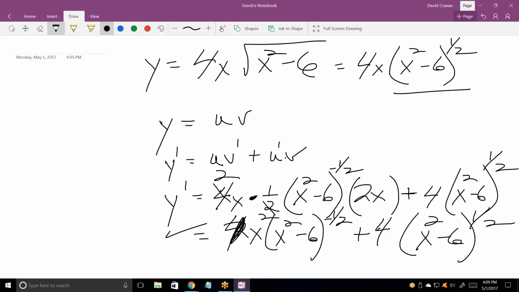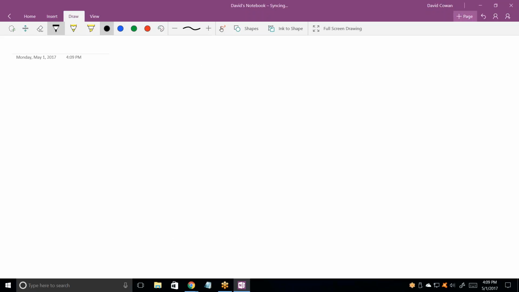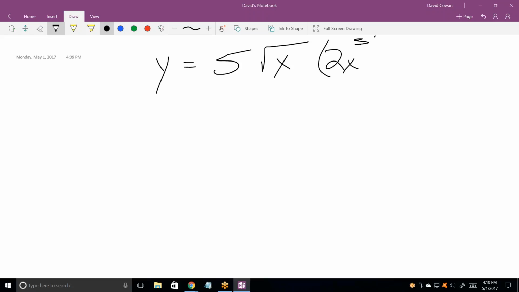Okay. So then, next question. It says y equals 5 root x, square root x, and then parenthesis 2x to the power of 3/2 minus 6x to the power of negative 1/2.